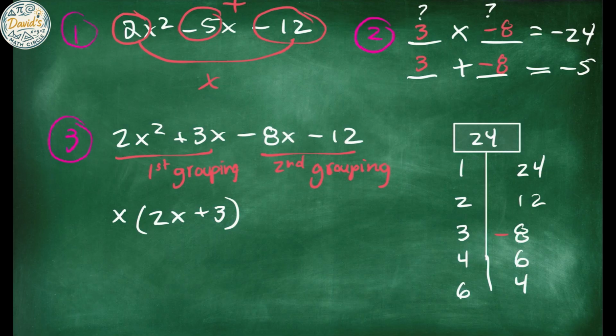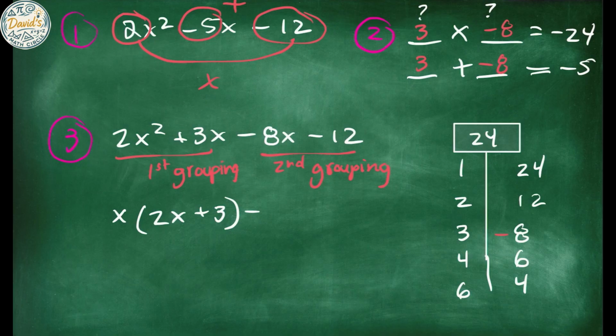From then on, I want to do the second grouping. Here, be careful: when you have minus signs, you want to put a minus in common. So I put my minus, and then I search for the greatest common factor of the second grouping.